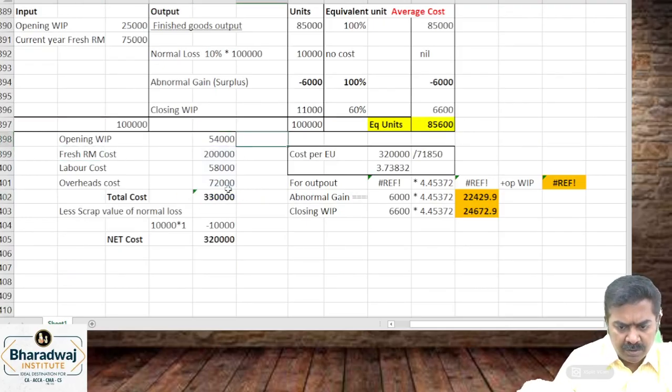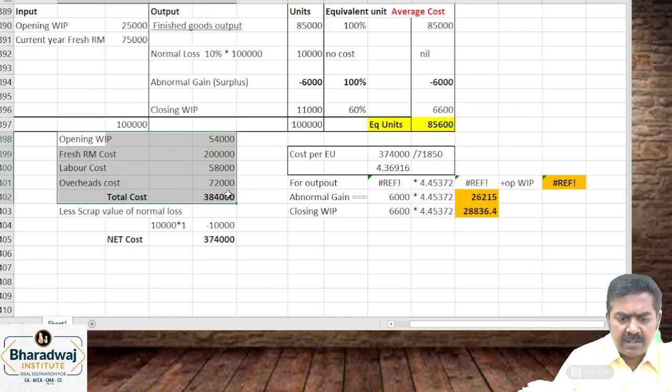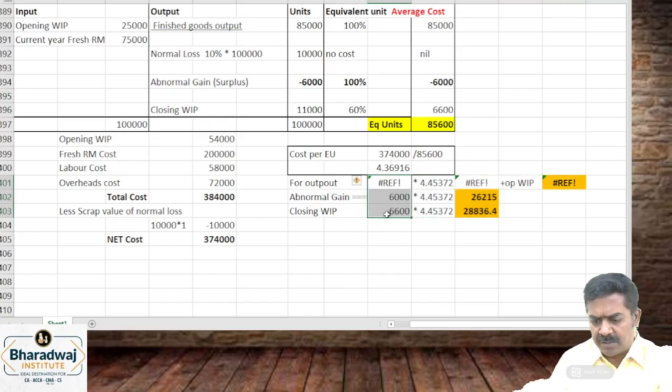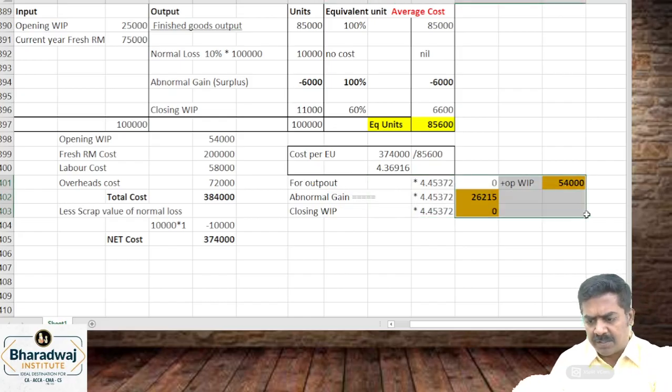So the total cost will include cost of everything, cost of opening WIP plus other things. You get net cost. While working out the cost per equivalent unit, 3,74,000 divided by 85,600. This 85,600 is not current year completion. This is cumulative completion.